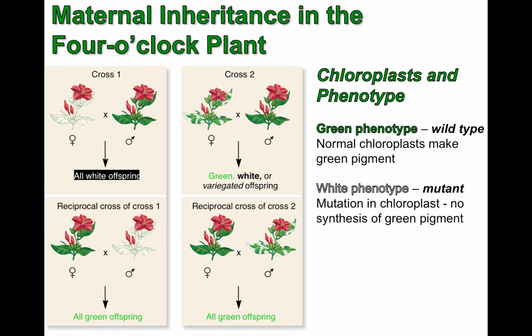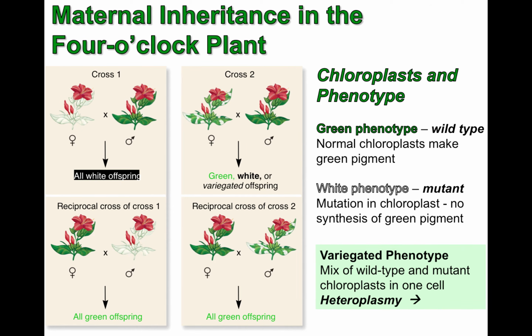The mutation causes the chloroplast to be insufficient in the synthesis of green pigment. There's no green pigment in their chloroplasts. The variegated phenotype is caused by a mixture of wild type and mutant chloroplasts in one cell. That condition is called heteroplasmy.